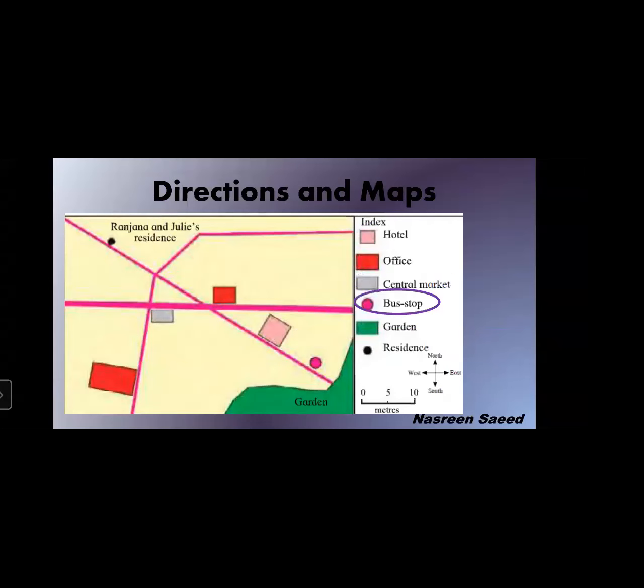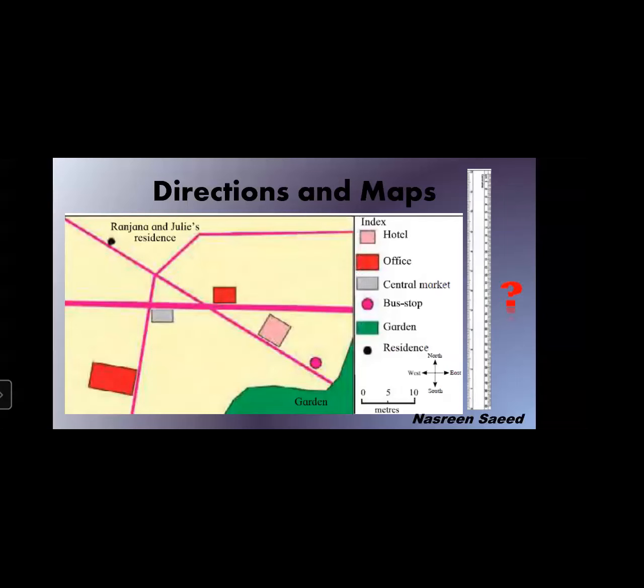Pink circle is given, that is the bus stop, that also they have to cross to reach the garden. Then what is this? This is a scale they have given. They have converted this kilometer into meters, I suppose. Yes. This is the scale of the map.